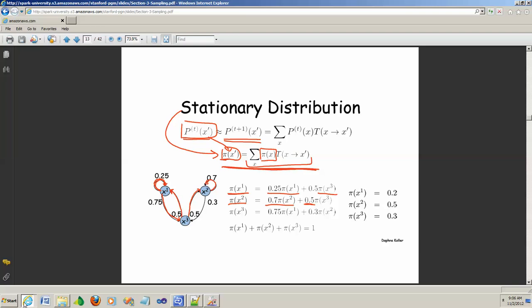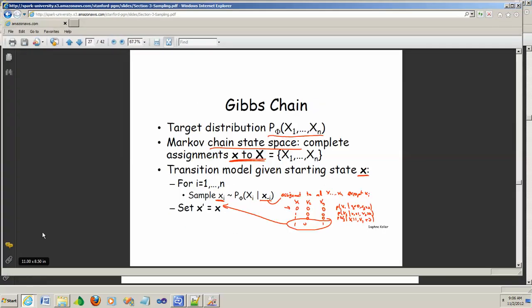The next thing is the Gibbs chain. We talked in the last two slides about chains, how they move from one state to another state, and how they reach a stationary distribution. But how in the first place can we get a Markov chain?